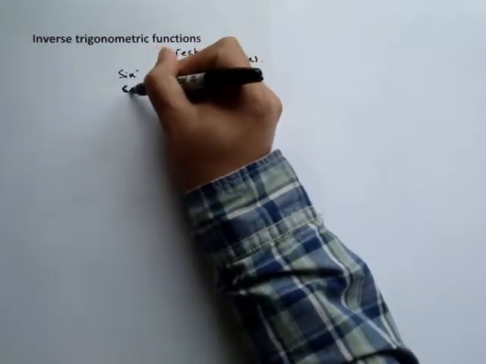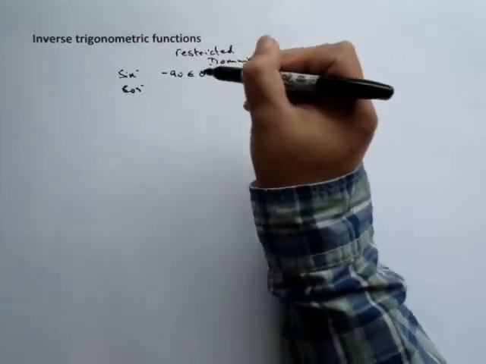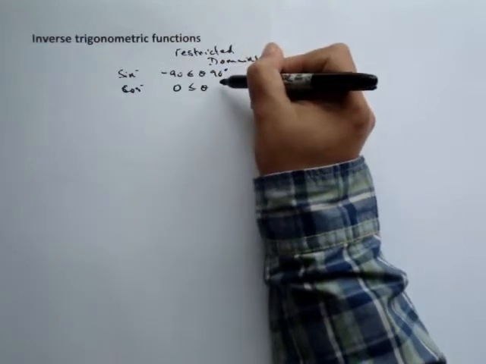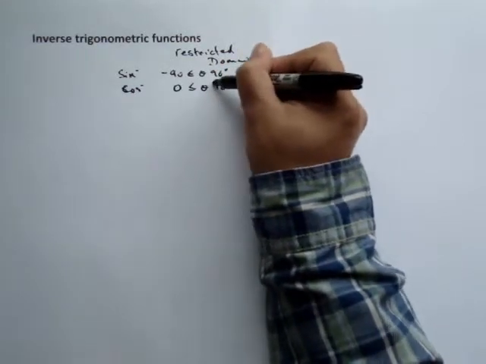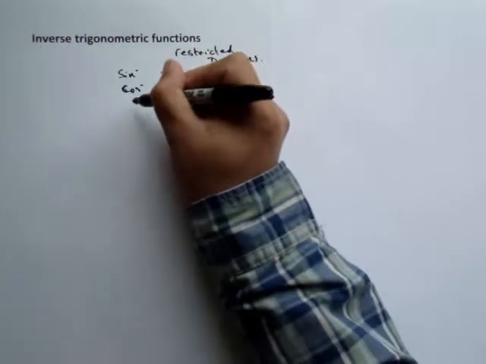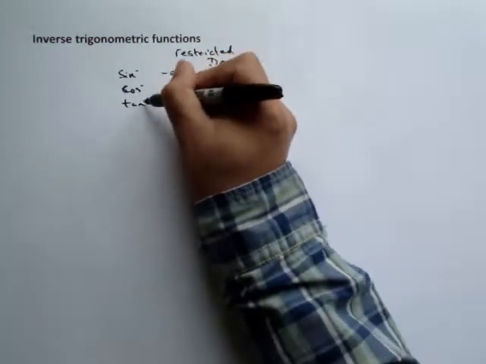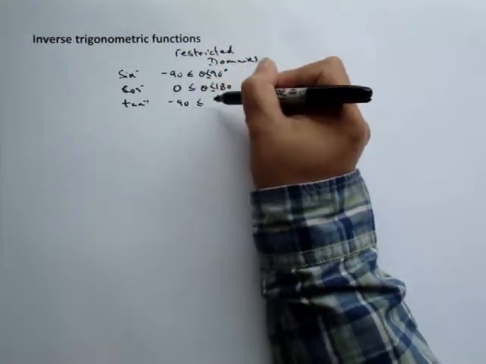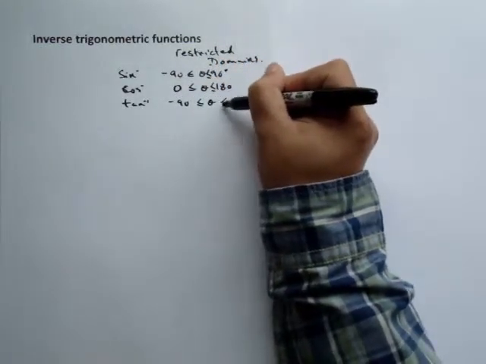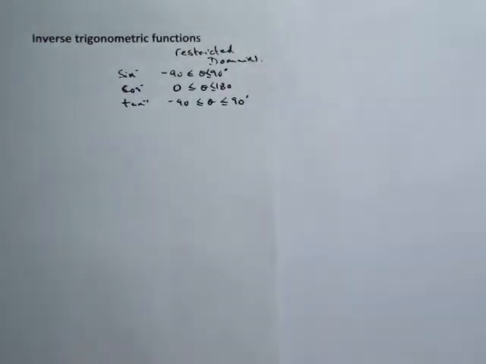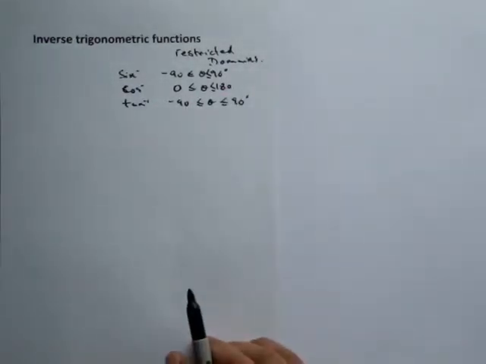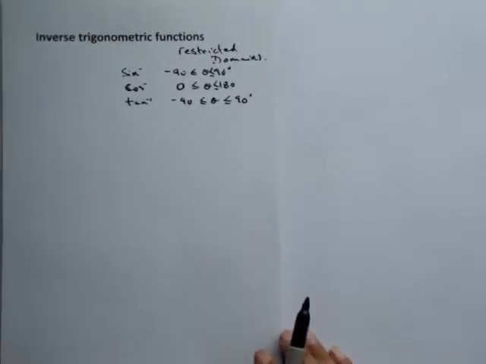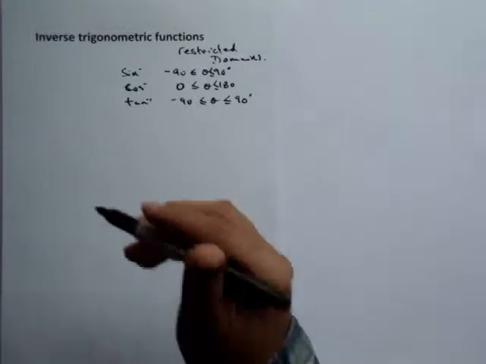For inverse cos, it's from 0 to 180 degrees, and for tan, it's from minus 90 to 90 degrees. So those are restricted domains for the ranges minus 1 to 1.